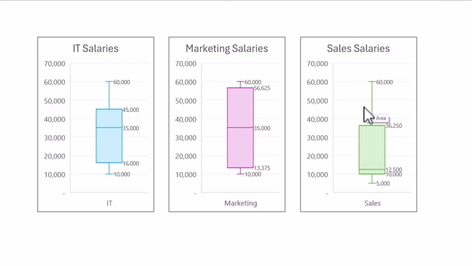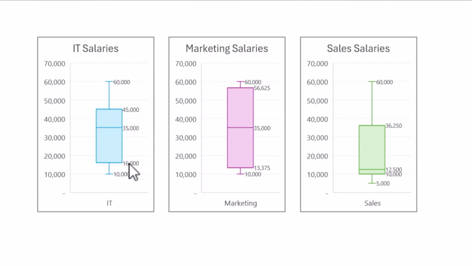The next thing you can use is to see where the median line is with respect to the first or the third quartiles. So if I'm looking at marketing, this median line is exactly equidistant from the first quartile and the third quartile, which means that it is more of a normal distribution there compared to, let's look at IT. The median is closer to the third quartile.